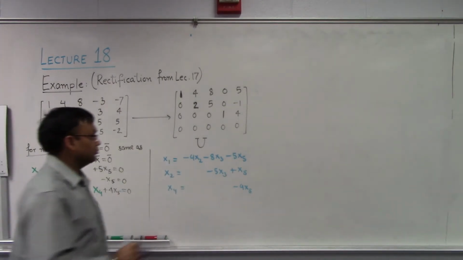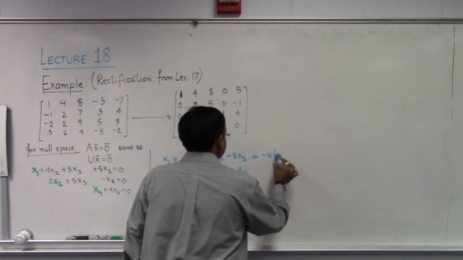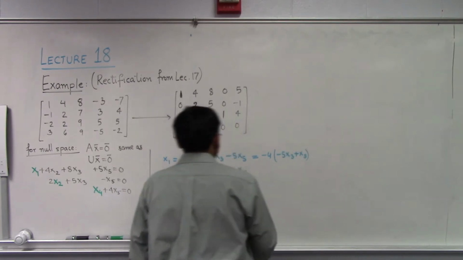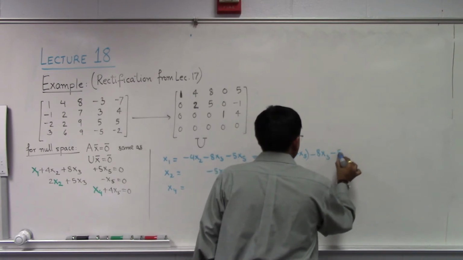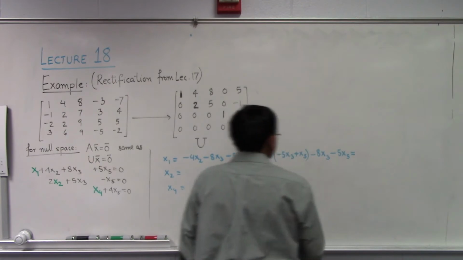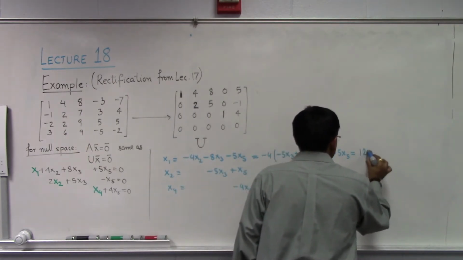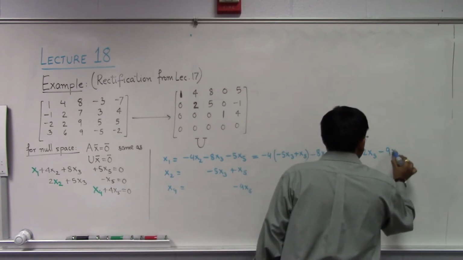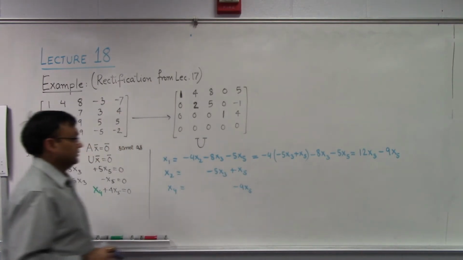So I have to make one more substitution over here, which is basically minus 4 times whatever is x2. See what it gives me. This gives me 12x3 and minus 4x5 minus 5x5 gives me minus 9x5, and the rest of it is fine.